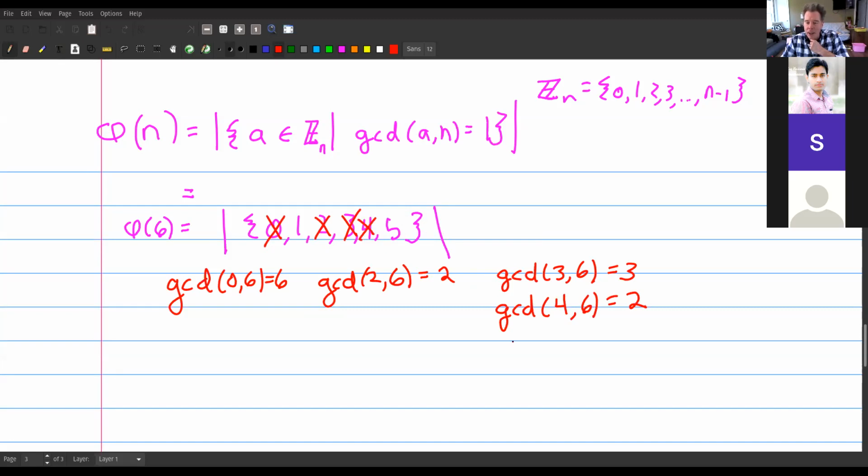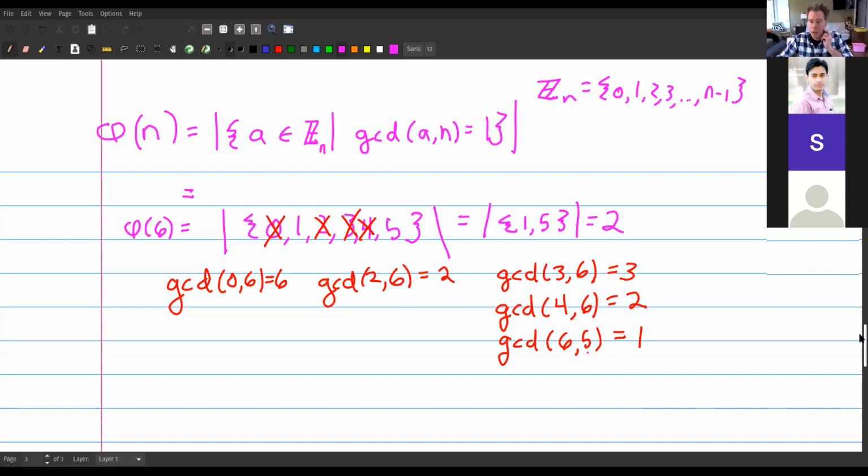And then 5: the GCD of 6 and 5 is 1. So there are only 2 survivors. It's the same as the cardinality of the set {1, 5}, which is just 2.